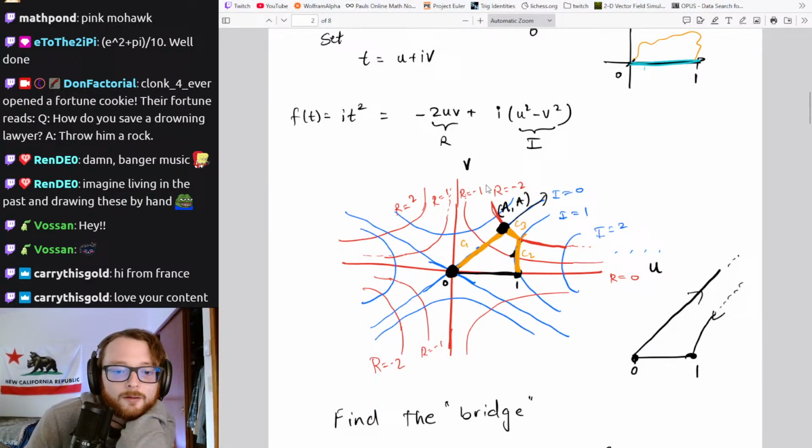Okay. In the example problem we did, this a comma a, that's an input. It's a u comma v.